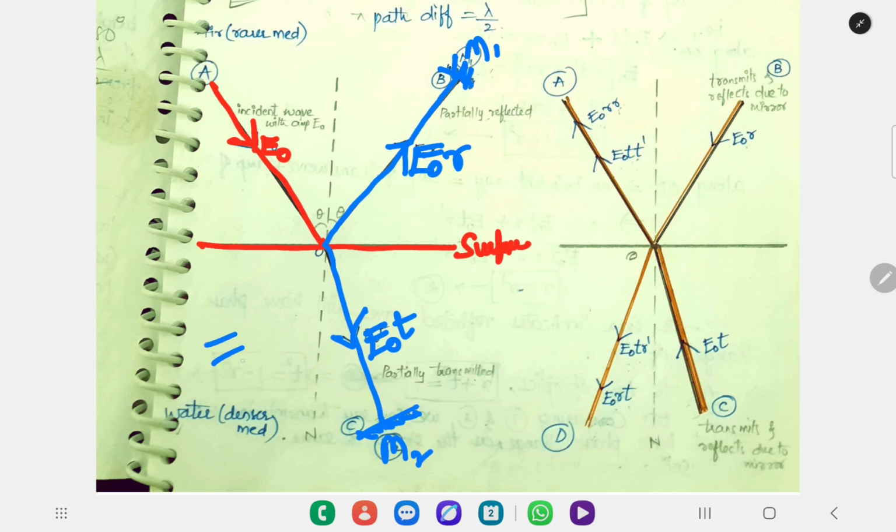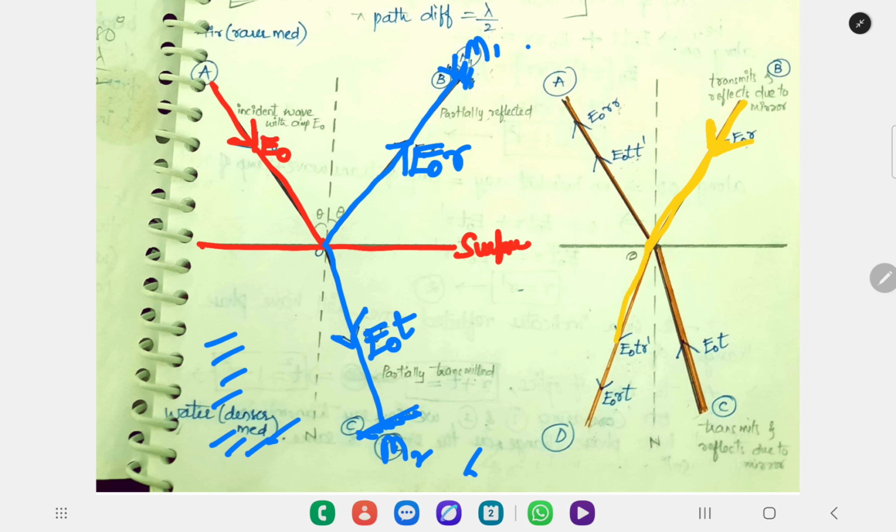Let this be water, some denser medium we are taking. This is a rarer medium. This is the way the light is incident and partially reflected and partially transmitted. Then because there are mirrors kept here, it will be reflected back in this way, and due to that reflection, this acts as an incident wave now.